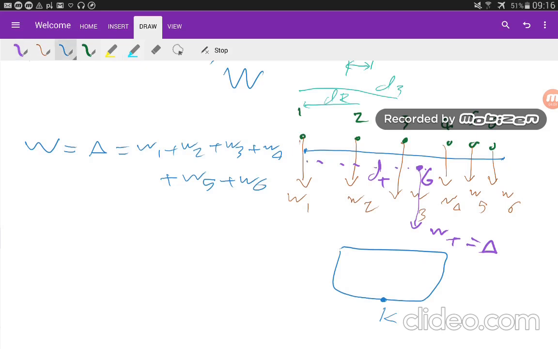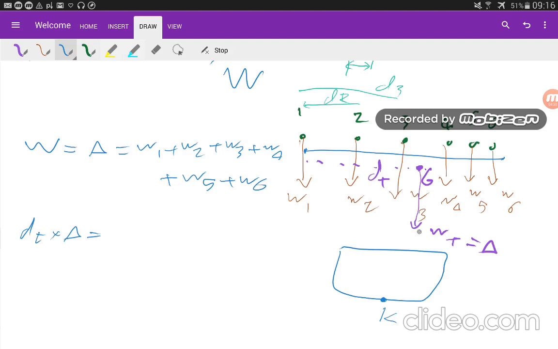The vessel must be dynamically balanced. So dt times displacement must be equal to, for dynamic balancing, you have to use the moment.